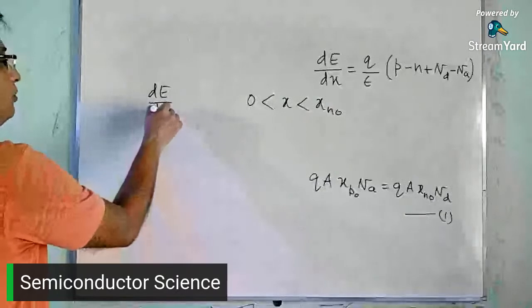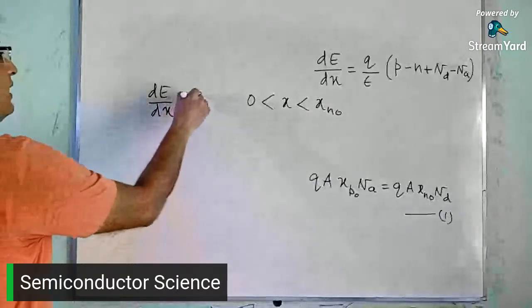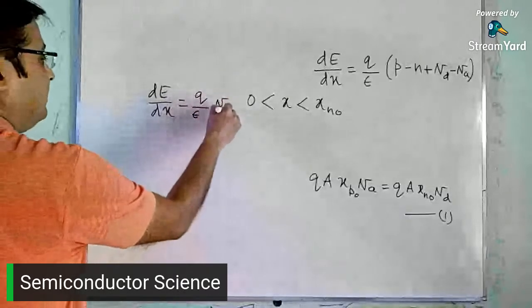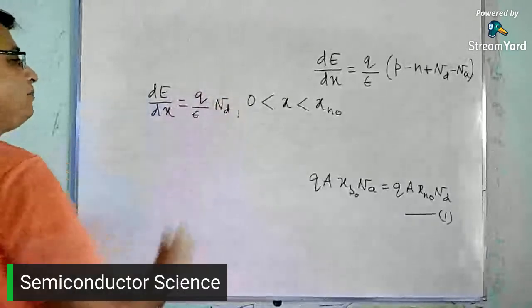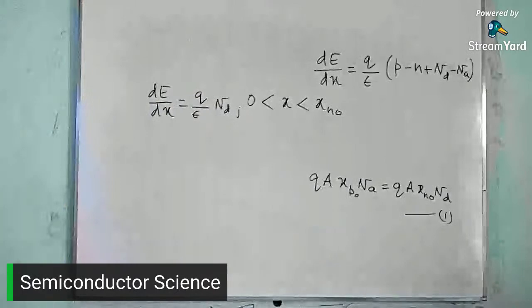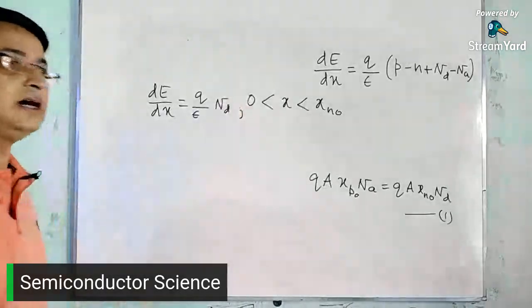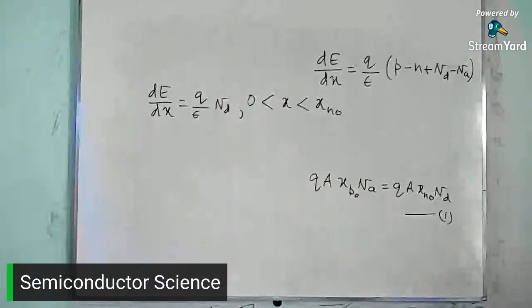This equation should be dE/dx equals q by epsilon into Nd, because inside the n-type layer the charge accumulated is actually Nd, that is the donor type ions.